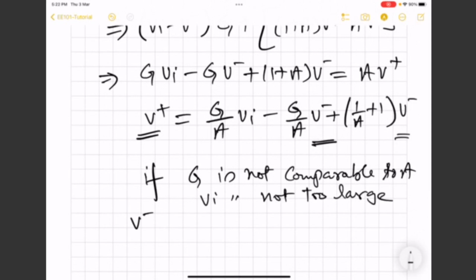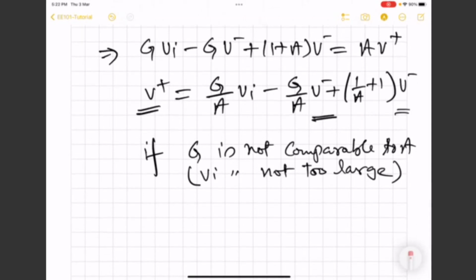large, and in real life this second requirement will always be fulfilled, that the input voltage is not going to be very large. If it is very large, there is no point in amplifying it. So input will always be very small. So this condition is never going to be encountered in real life. And G, of course, also should not be too large.